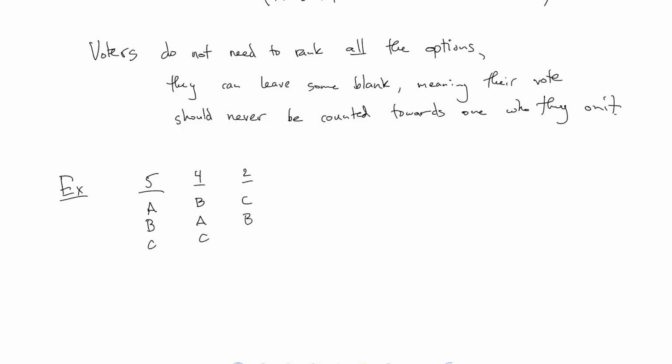What that means is they like C the best and then B, and they don't ever want their vote to be considered for A. All right? Okay, I've got more here. Let's say 3 people said A only. That means they only want their vote to count for A. If A doesn't win, their vote just shouldn't count for anybody else because they don't want to support B or C in any situation.